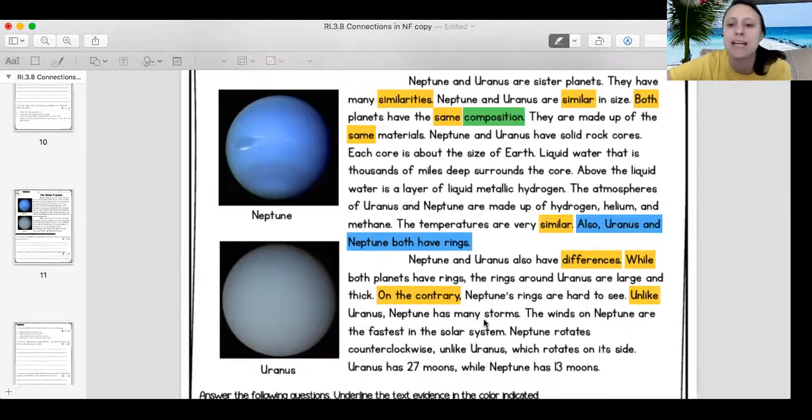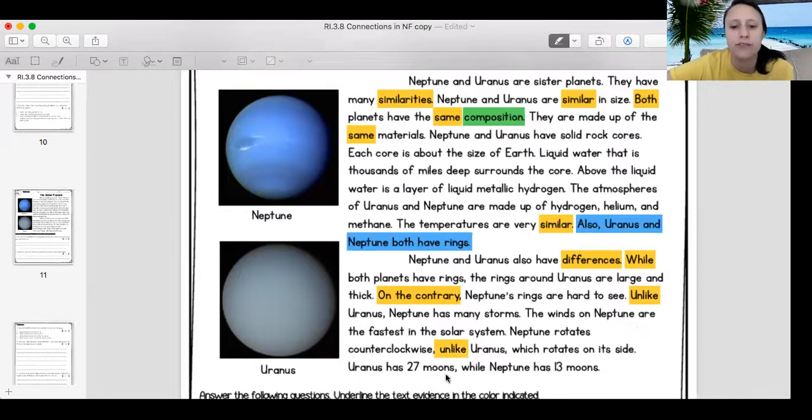Neptune has many storms. Oh man. The winds on Neptune are the fastest in the solar system. Neptune rotates counterclockwise, unlike, there's another signal word, Uranus, which rotates on its side.